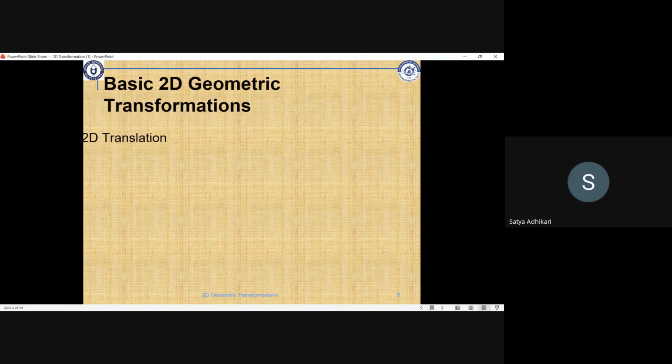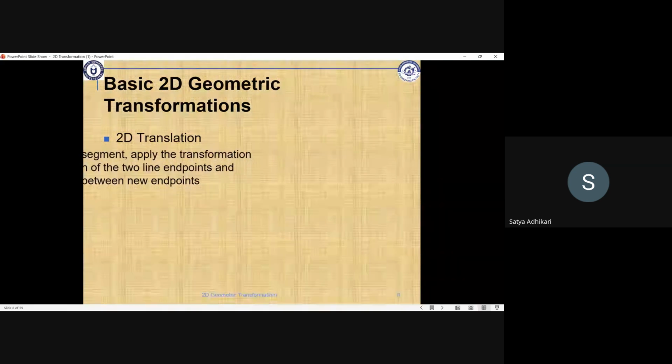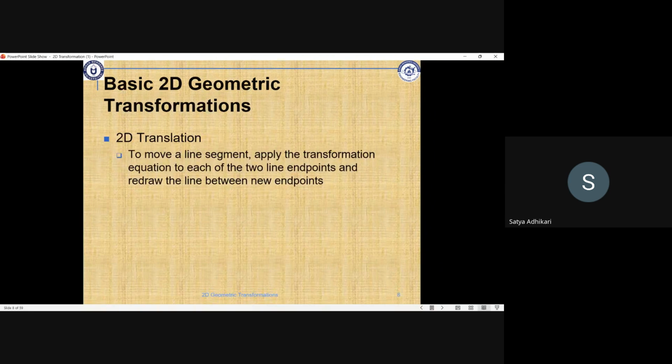Similarly, if there is a line, to move a line segment, apply the transformation equation to each of the two line endpoints. You need not apply the translation equation to all the points of the line. You only need to translate the two endpoints of a line. In the previous example, there is a single point, so we don't have any problem. But in case of a line, you know that a line consists of several points.